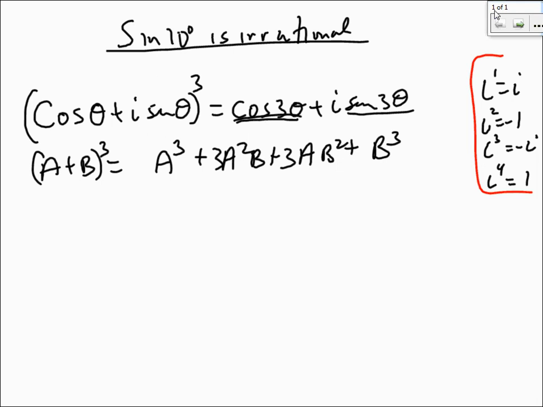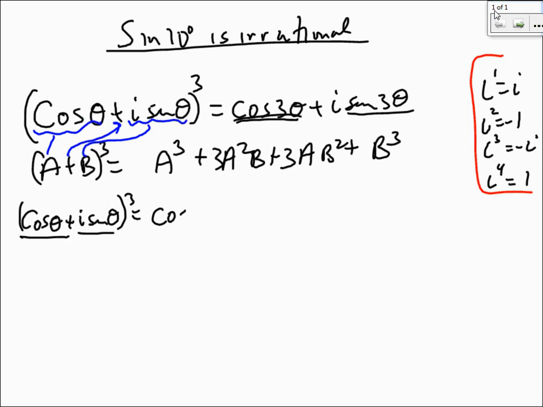Now, what does this have to do with the line above? Well, a is cosine of theta plus b is i sine theta. So what we have is cosine of theta plus i sine of theta, all cubed. On one hand, so I'm going to call this a and that b.